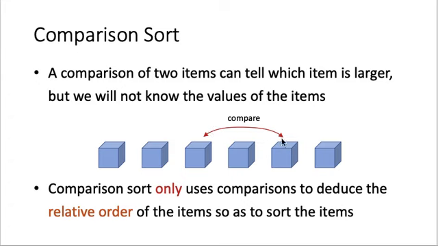But we don't have the values inside. A judge will tell us which box contains the larger value. So this is a comparison, and comparison sorts only use comparisons to deduce the relative order of items, so that we can then use this information to sort the items.